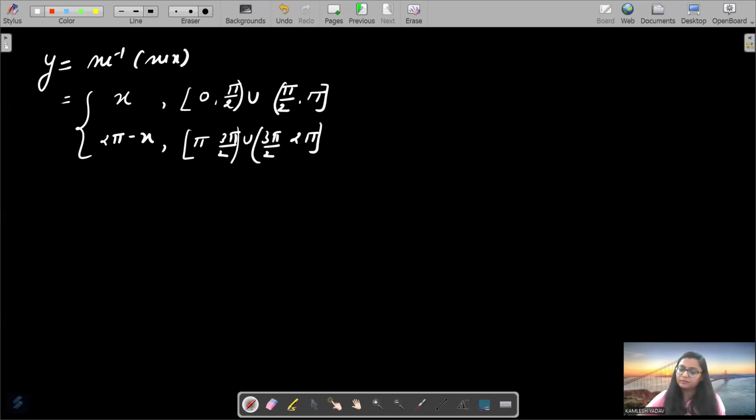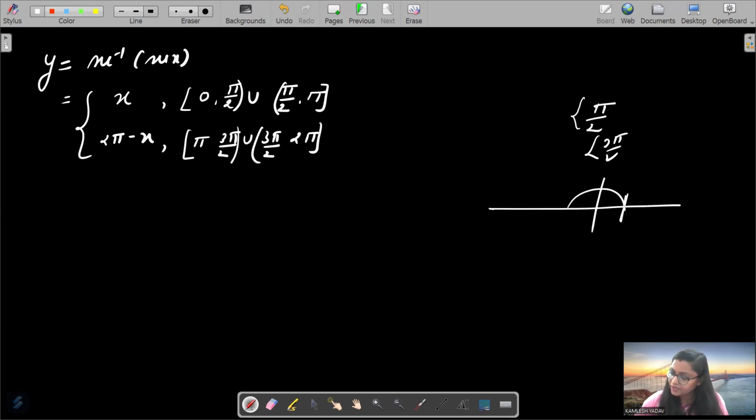Okay, see, first of all, we know that at the point pi by 2 or 3 pi by 2, the graph of sec x is undefined. At these points, pi by 2, minus pi by 2, 3 pi by 2, minus 3 pi by 2, so that's why we skip.